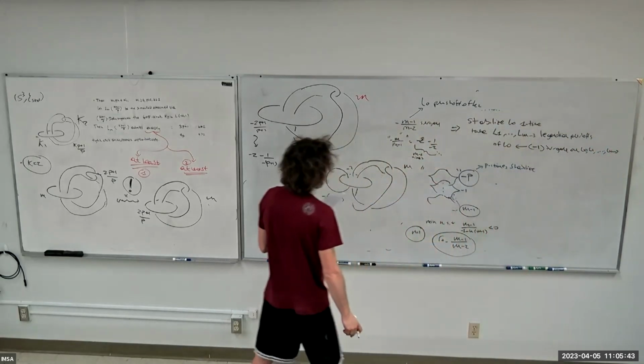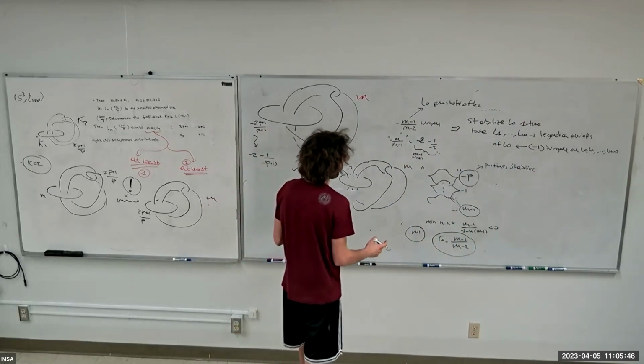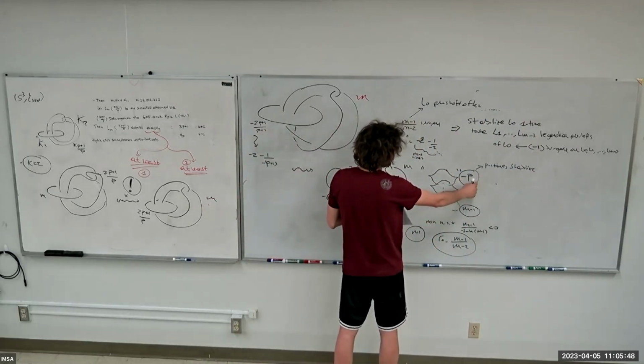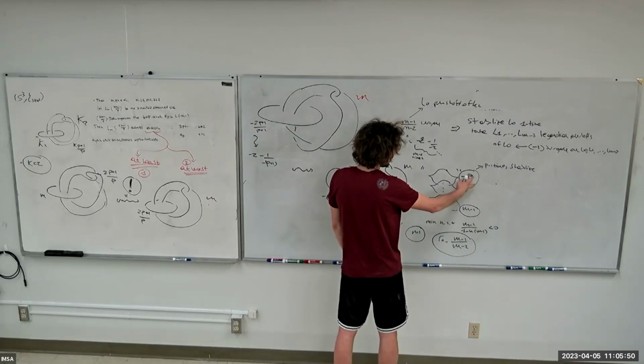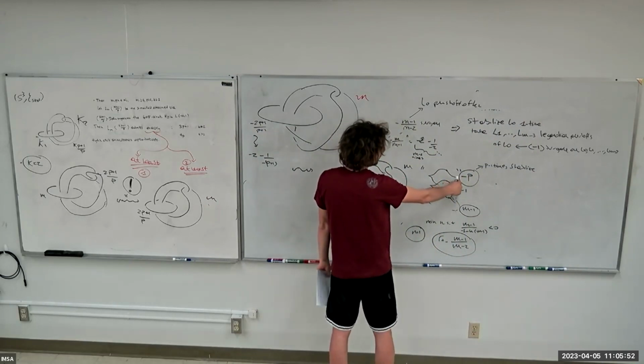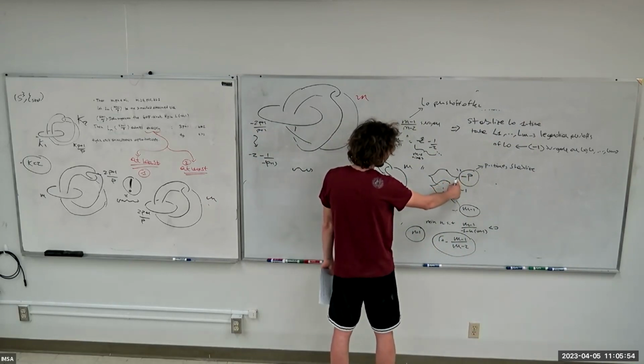So basically, to summarize, I have stabilized this one p minus 1 times and performed minus 1 surgery on the stabilized knot, and not minus 1 surgery on this one.